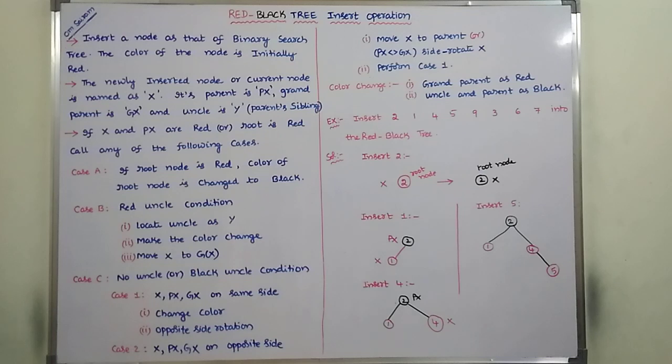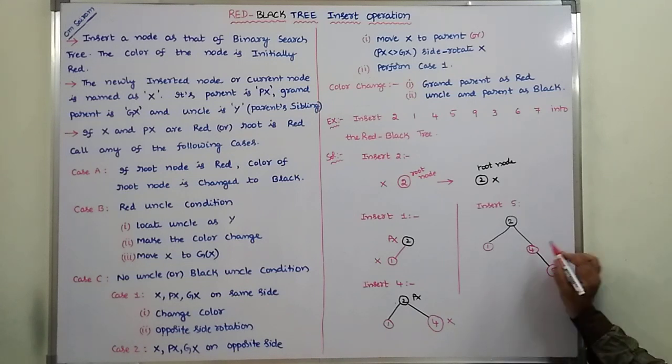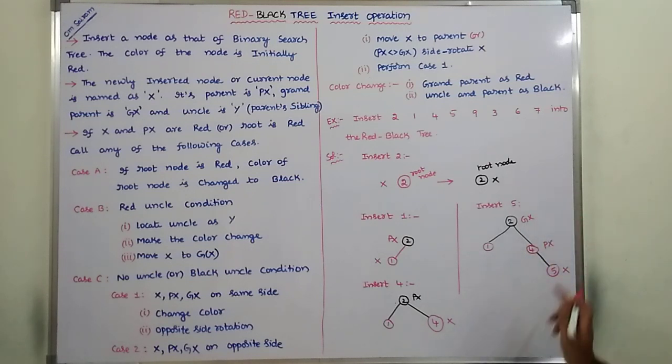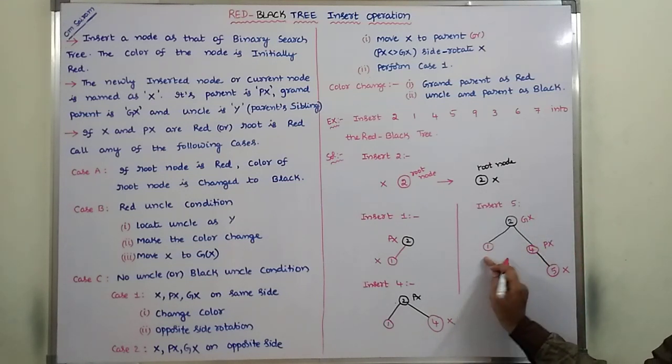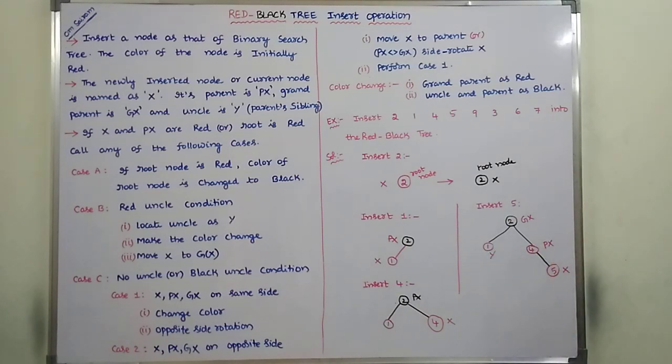Node 5 is the newly inserted node. It is denoted by x, its parent is denoted by px, and its grandparent is denoted by gx. This is the parent's sibling, or grandparent's son or daughter, which is denoted by y. Now check this condition: is this a red black tree or not?